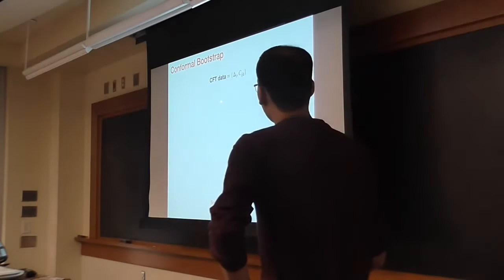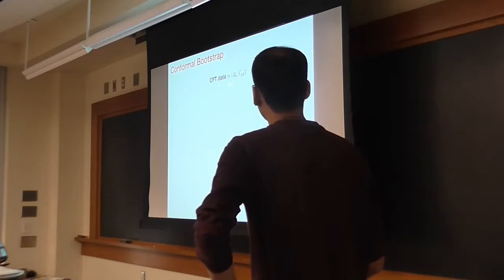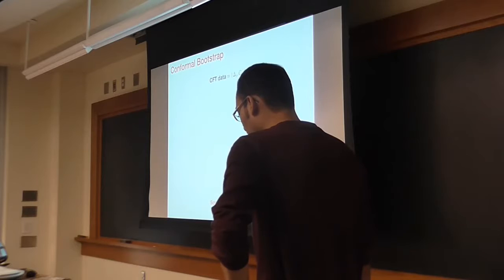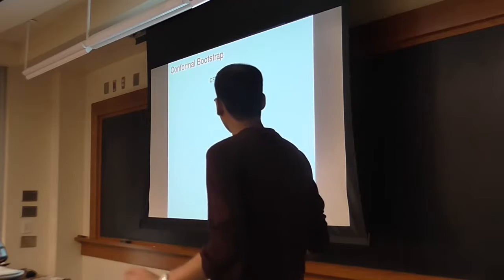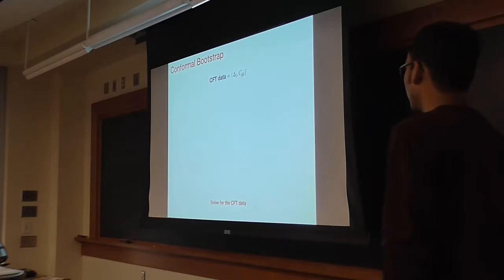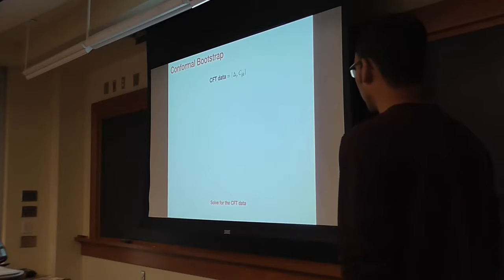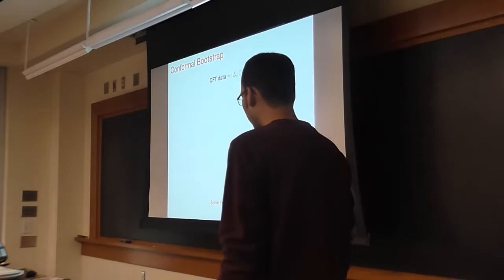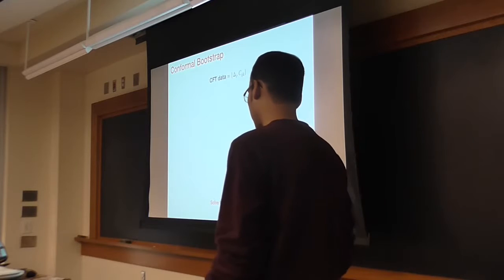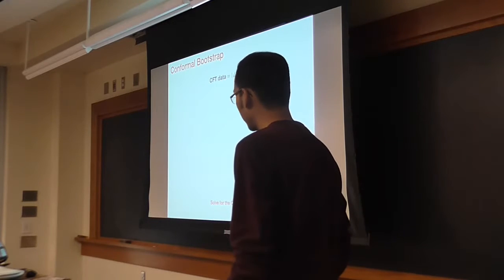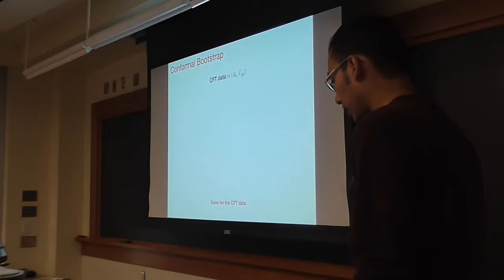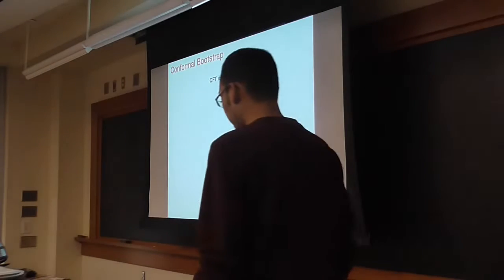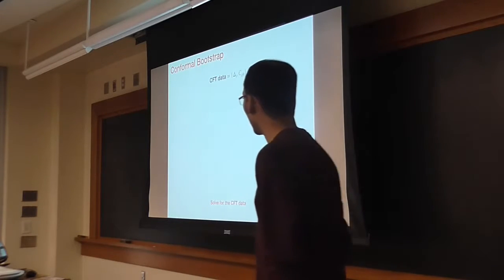When we talk about CFT data, that's basically the combination of dimensions of all the operators and the OPE coefficients. And the goal of conformal bootstrap is to solve for this CFT data. Obviously, this is a very complicated problem, and in general, one should not expect to solve for this CFT data from nothing. So generally, the way it works, somebody will give you some very limited information about the CFT, and from there you impose things that a CFT correlator should obey.